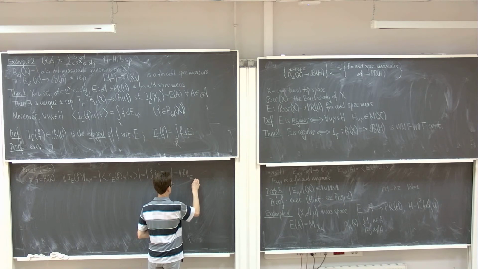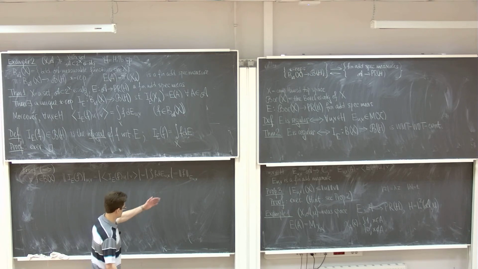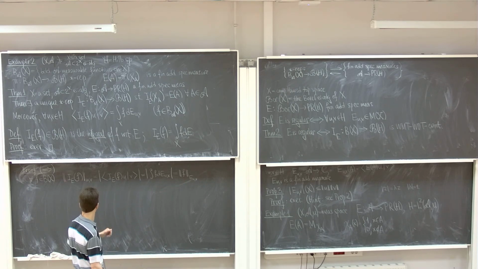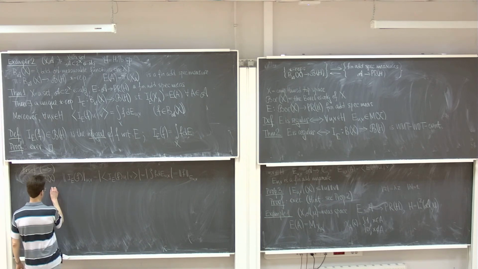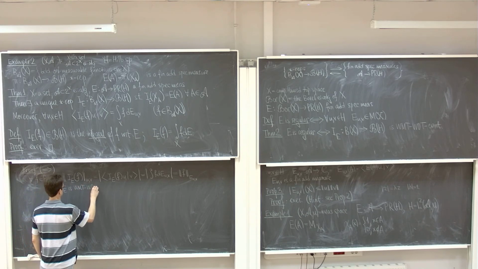By assumption, E_UV is a Radon measure, and so this is one of the seminorms which generate the weak measure topology. And that's it. So this implies that E is continuous with respect to these two topologies.